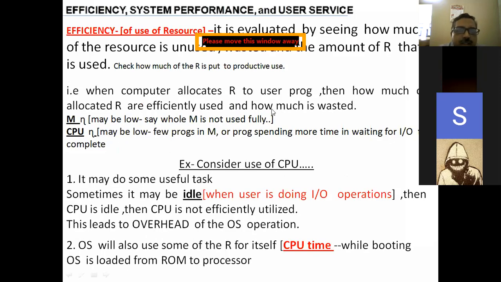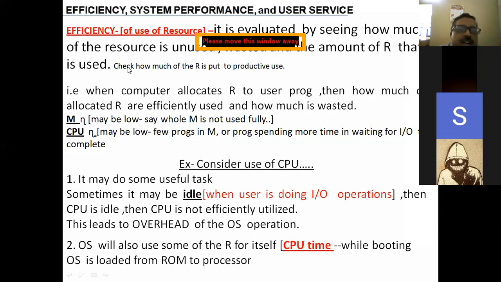Now regarding the term efficiency: the efficiency of the use of a resource is evaluated by seeing how much of the resource is unused or wasted, and the amount of resource that is being utilized effectively. So based upon the amount of usage and the amount of wastage of resource, we can evaluate efficiency.